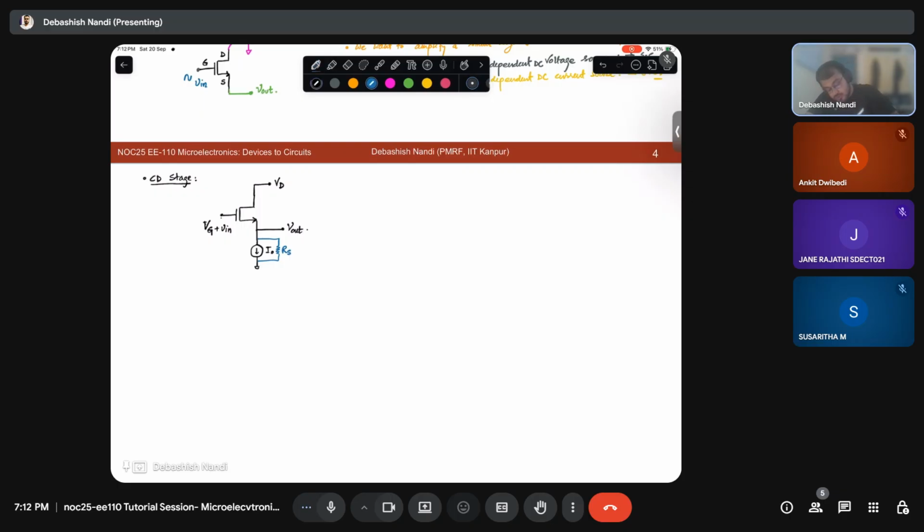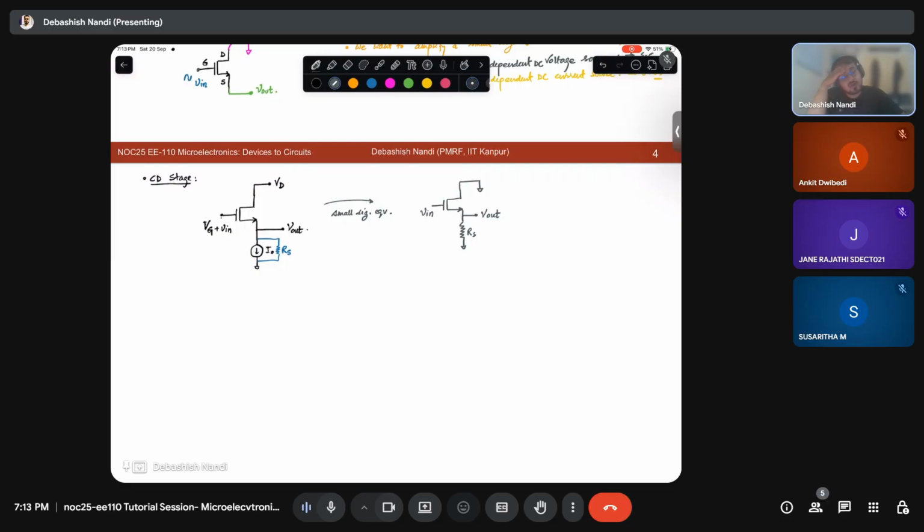Now when you draw the small signal equivalent, this circuit simply becomes this. This is your V out, this is your V in, and this is grounded. Is that okay? Yes, sir.